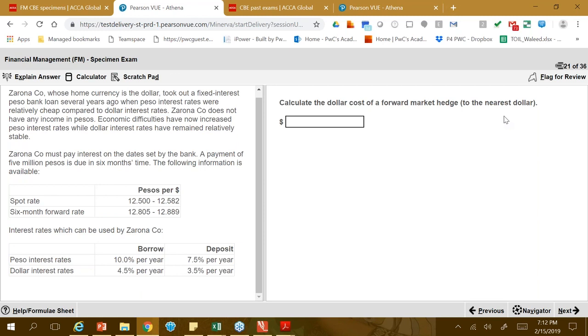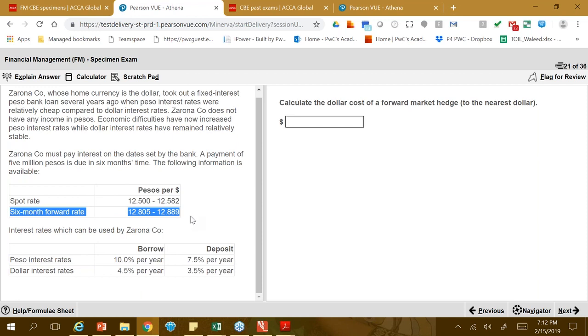Let's just think about this now. We have to use the forward rates. Here are the 6-month forward rates, and again, these are expanded rates, the left and the right hand rates.